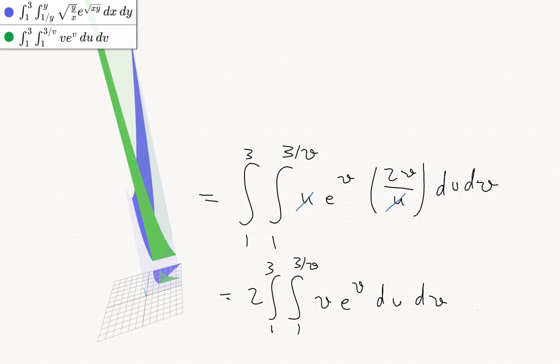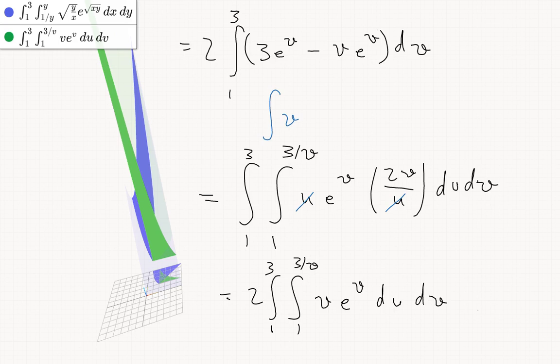So that'll be 2 times the integral from 1 to 3 of 3 e to the v minus v e to the v dv. And we can do integration by parts. So the integral of v e to the v dv is v e to the v minus the integral of e to the v, which is e to the v.